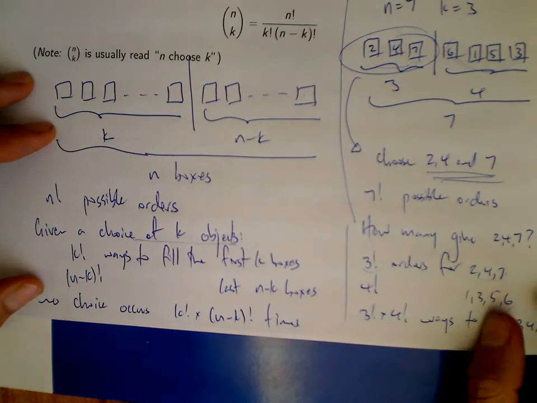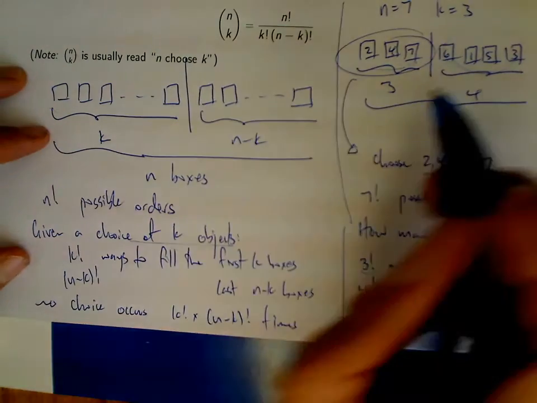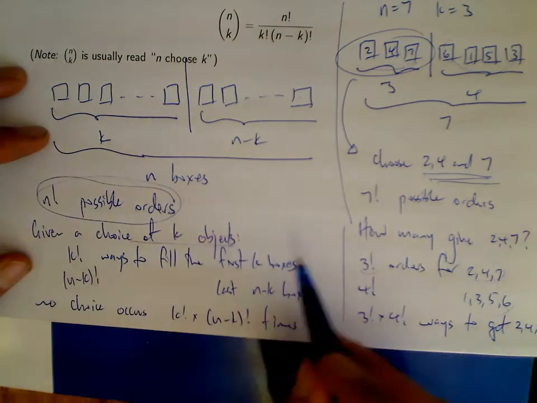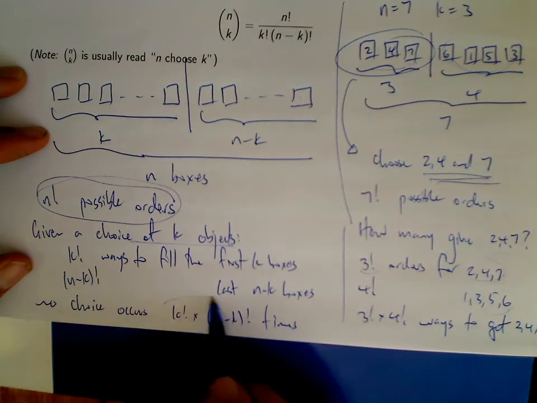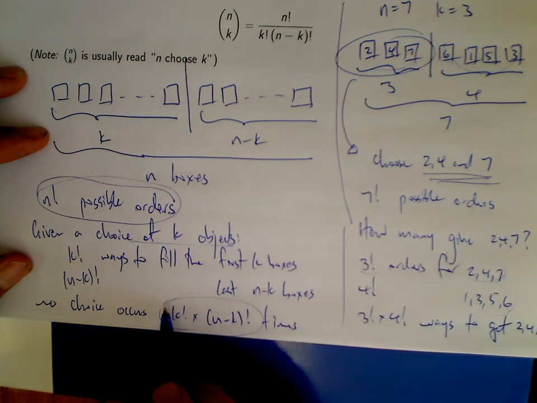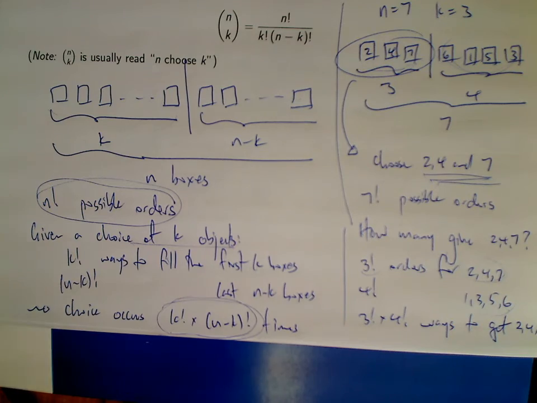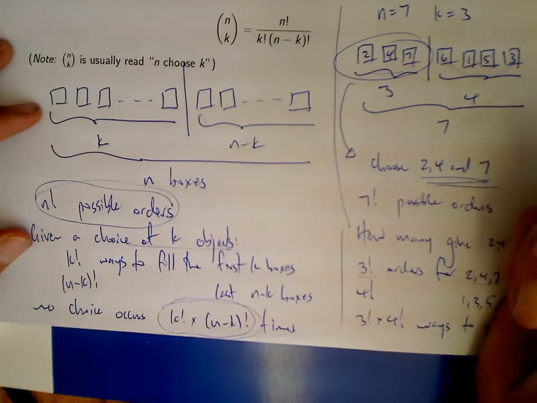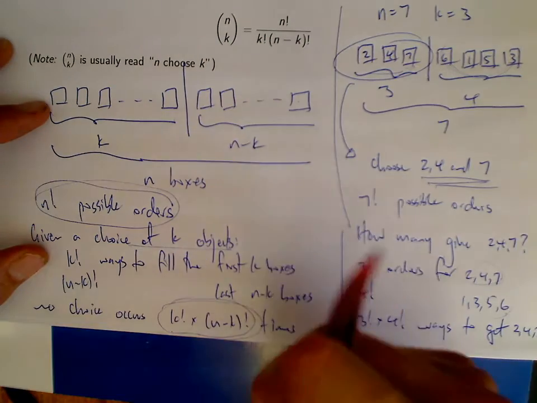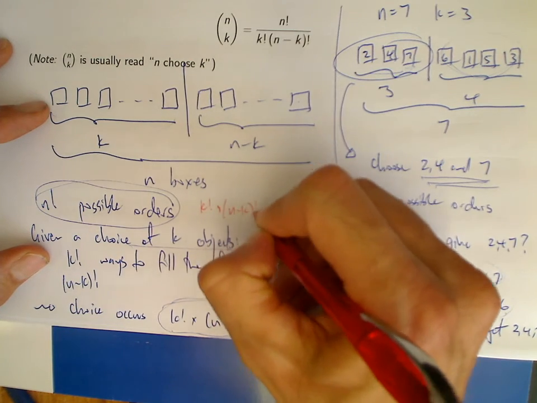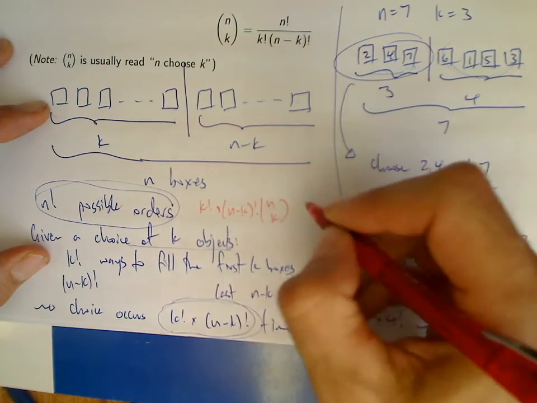I've run out of room on my piece of paper really, but there's n factorial possible orders, and each of the choices of k objects occurs this many times. So what that tells us is that k factorial times n minus k factorial times n choose k.